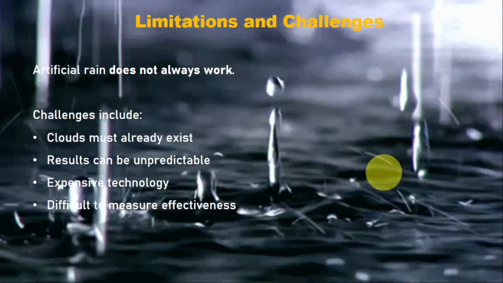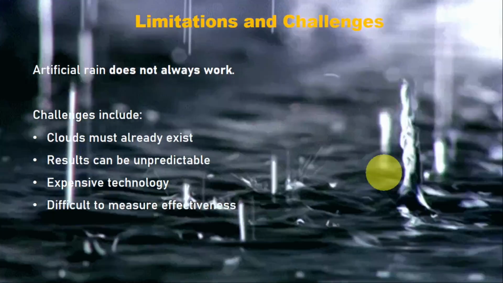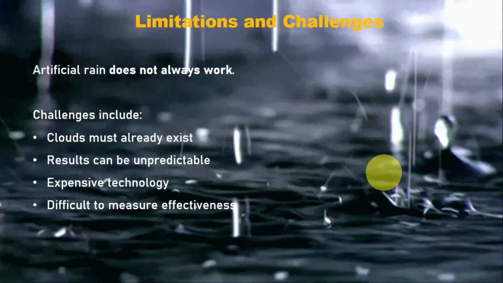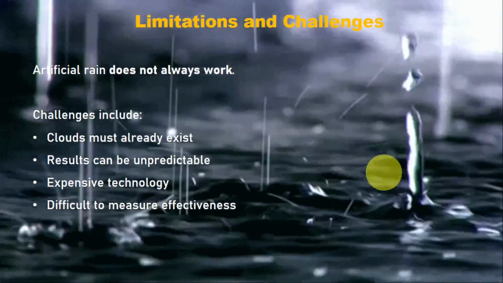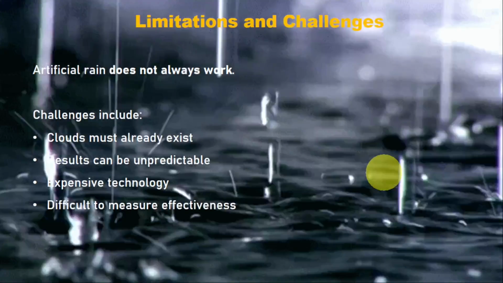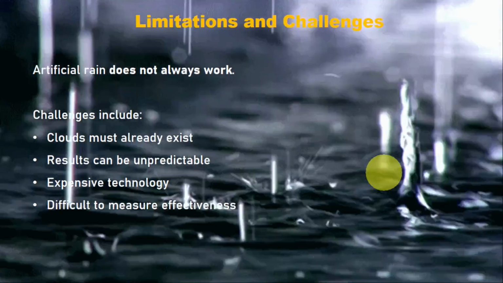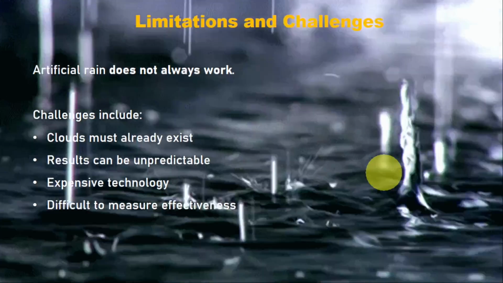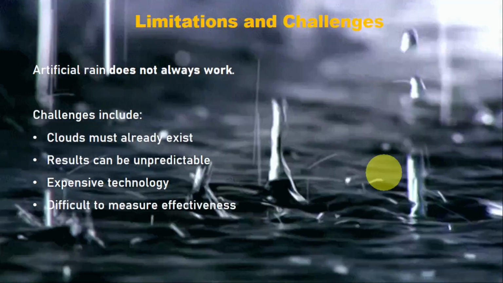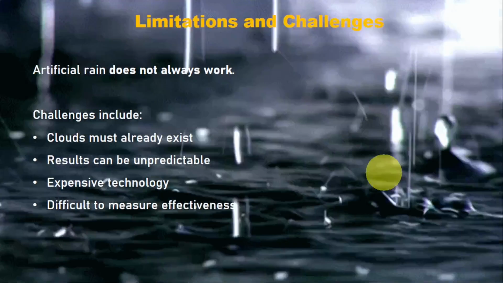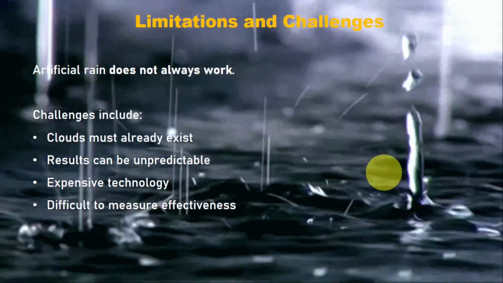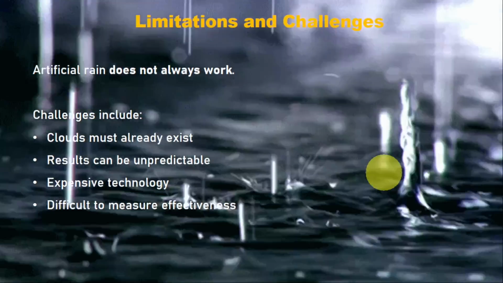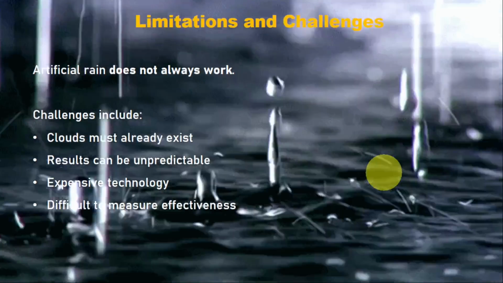There are limitations and challenges with this cloud seeding method, because this artificial rain does not always work. Some of the challenges include that clouds must already exist in your atmosphere. If you have frequent dry weather and you want rain, but you don't have clouds in your atmosphere, you cannot do it.